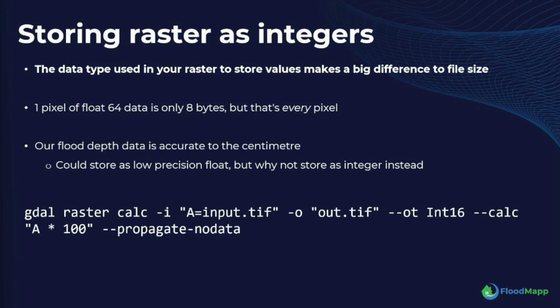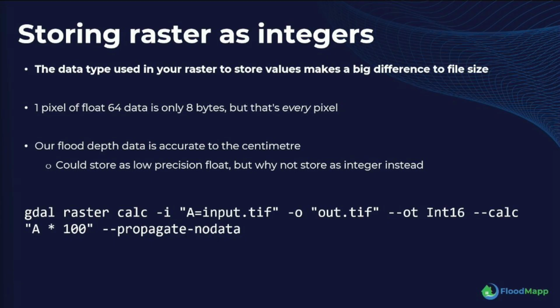And again, it's very, very simple. We take the calculation, input, output. Note here that we define A as the reference to a particular raster that we're going to perform a calculation on. So my A raster is my input raster, and then we perform the calculation A times 100 and set that to the output.